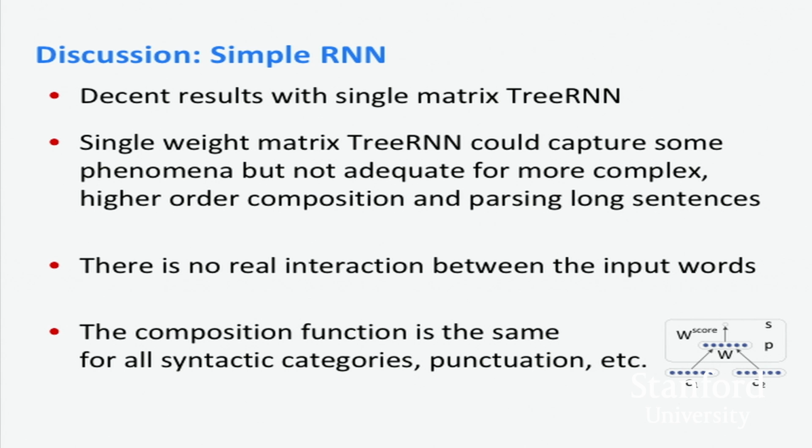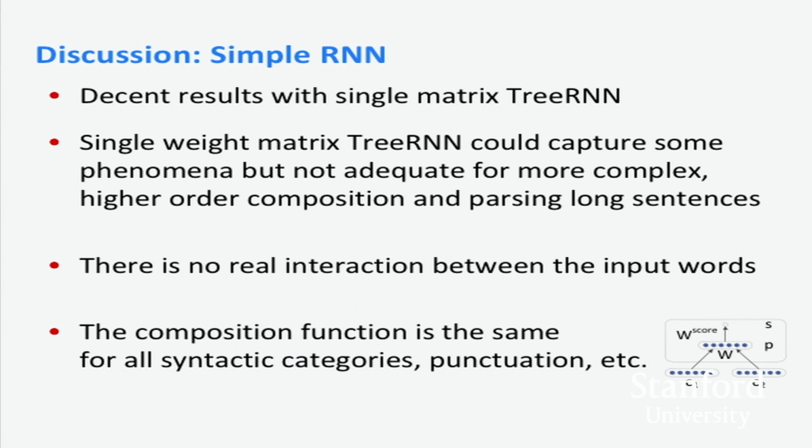And so for some of the later work, only some of which I'm going to be able to show you today, we started to explore better ways in which we could put more flexibility or better neural units into this same basic model of tree recursive structure to do a better job. And there are a couple of ways in which it seemed like the model probably wasn't doing what you want.